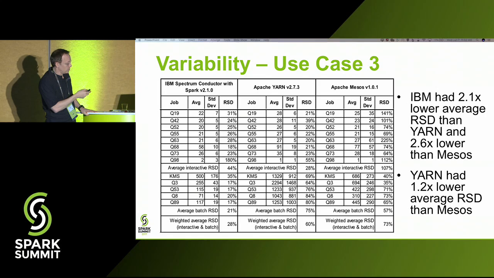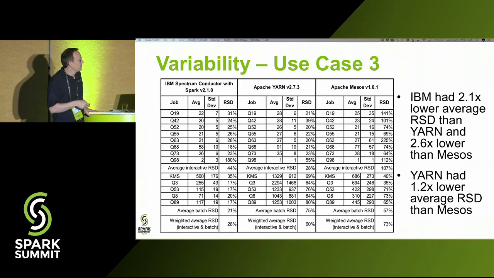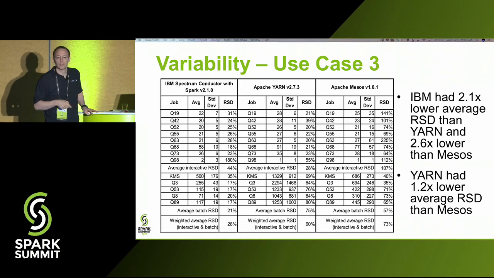And so we first looked at the average relative standard deviation for interactive workloads as a group, and then for batch workloads as a group. And then we came up with a weighted average, which was weighted by the number of queries in that group.